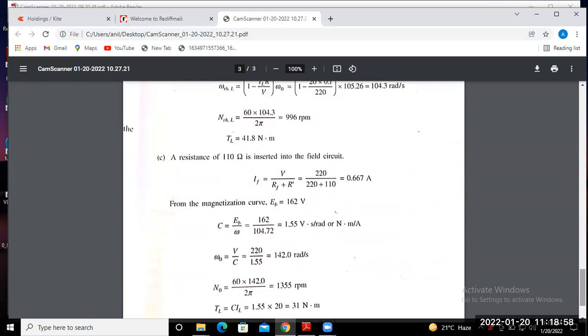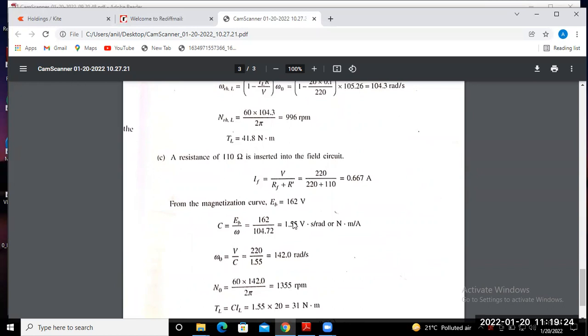And you again just find out the value of the full load torque, that is nothing but the constant term C into the load current, that means the armature current. Okay, so just put the value in the torque equation, that means C into armature current.